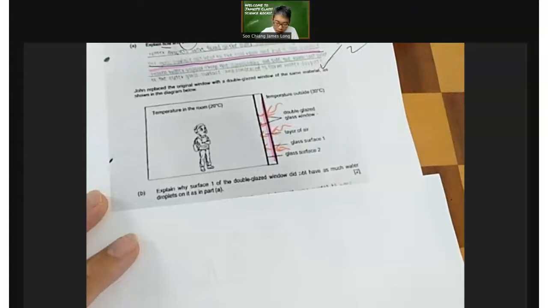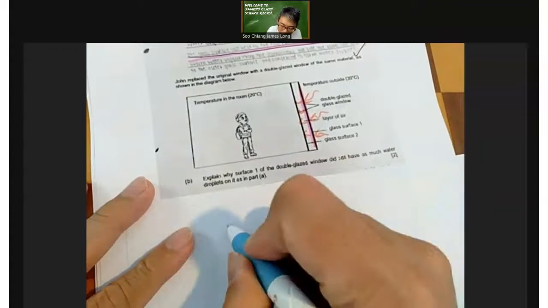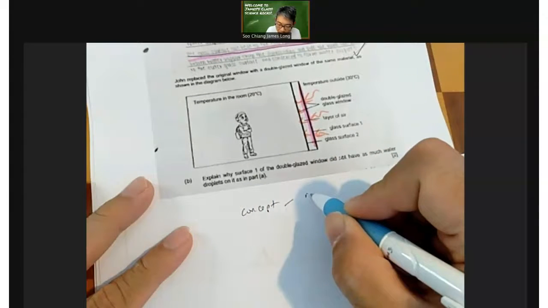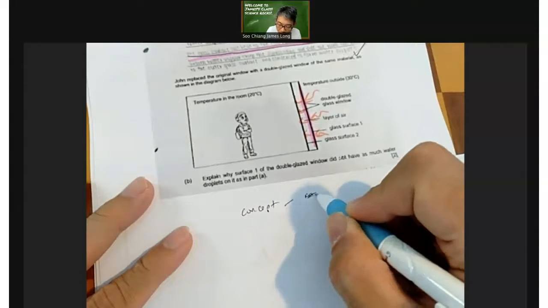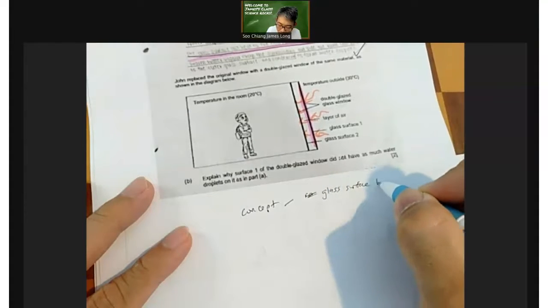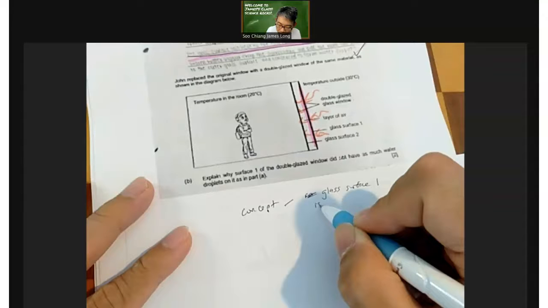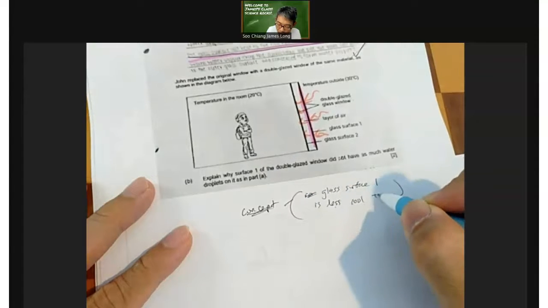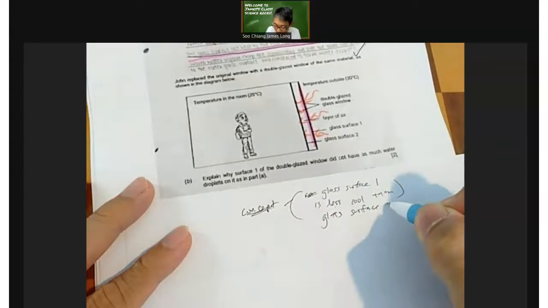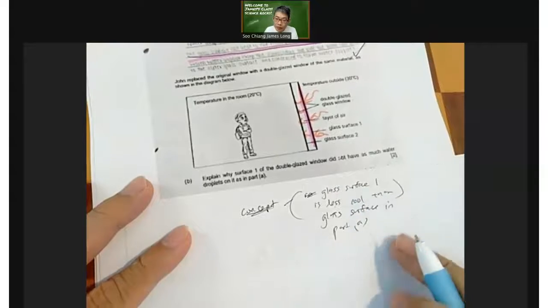I would say that it's 2 marks, right? Okay. So let's go with the concept. The concept must be the idea that the glass surface 1 is less cool than glass surface in part A. Okay.